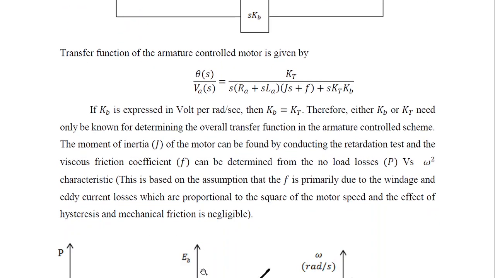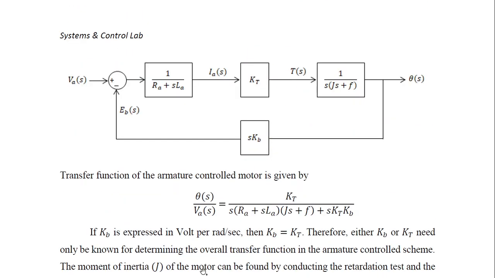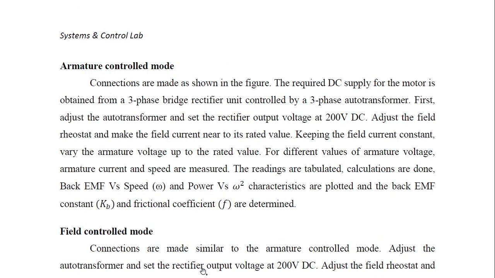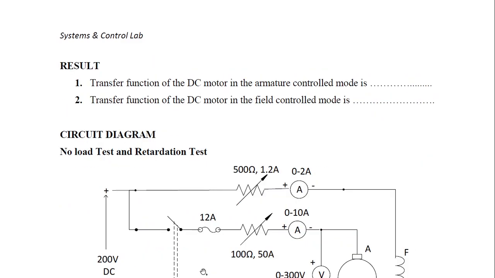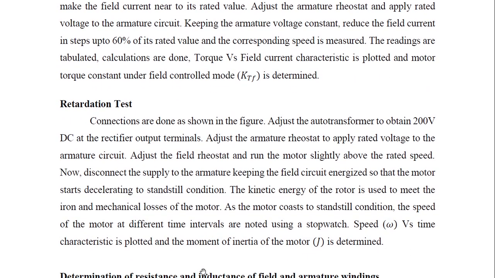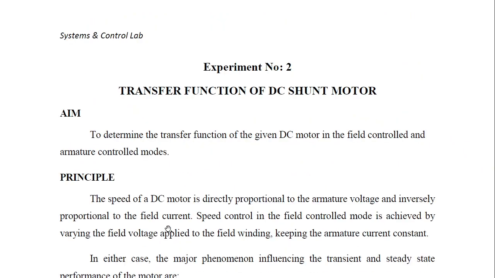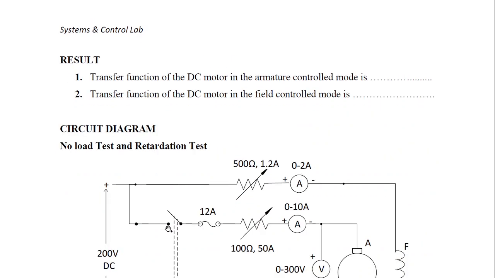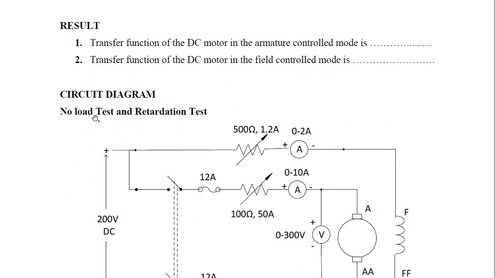This is found by conducting another suitable experiment known as the retardation test. For conducting this retardation test, connections are made as per the circuit diagram of the no load test.